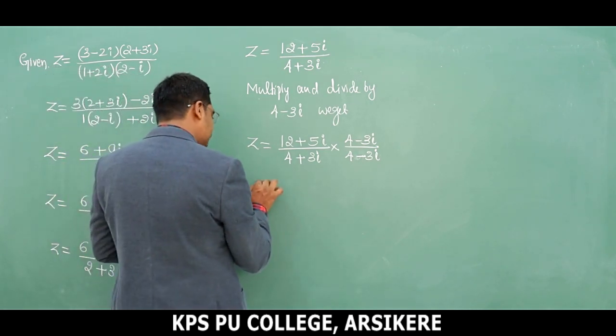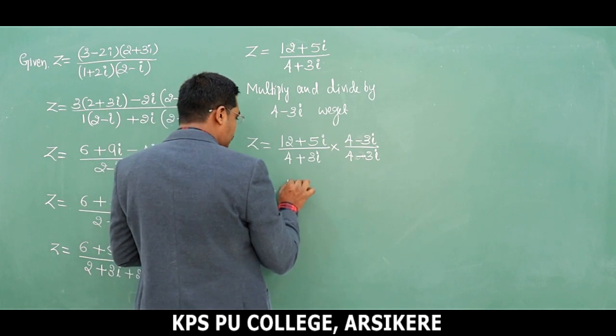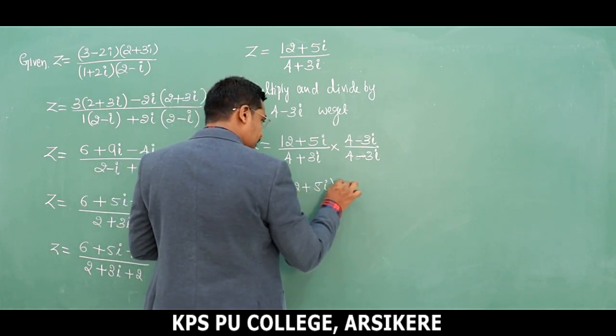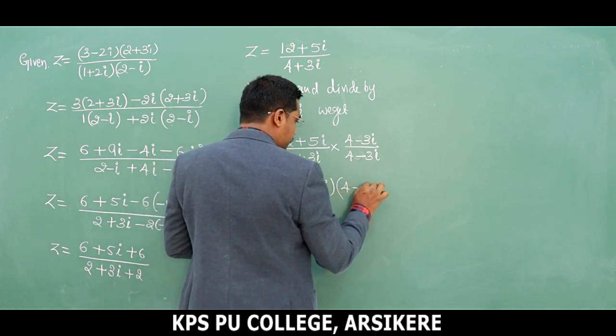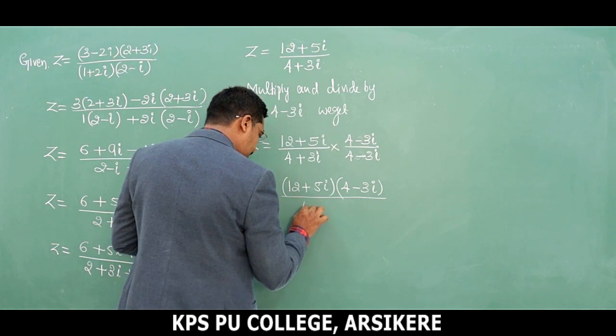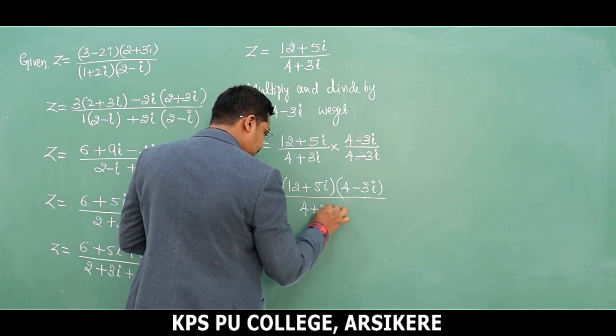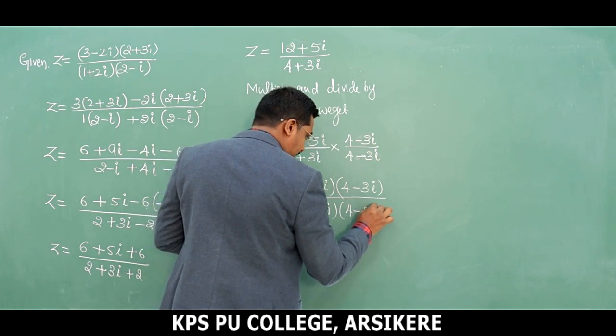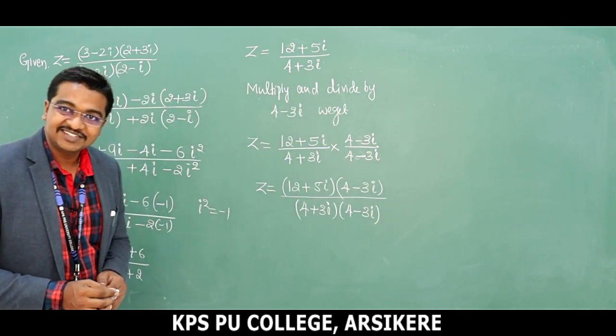Next step is the same multiplication and simplification: (12 plus 5i) into (4 minus 3i) whole divided by (4 plus 3i) into (4 minus 3i).